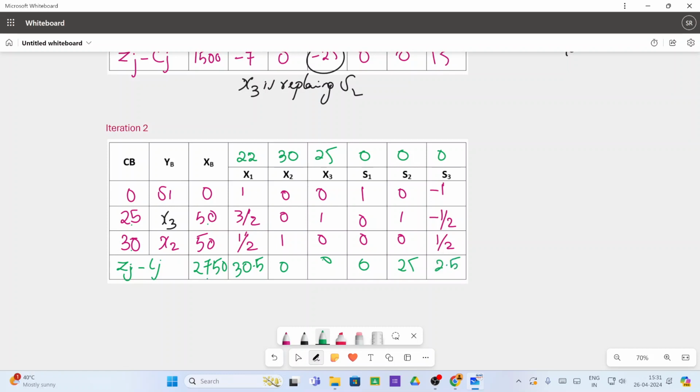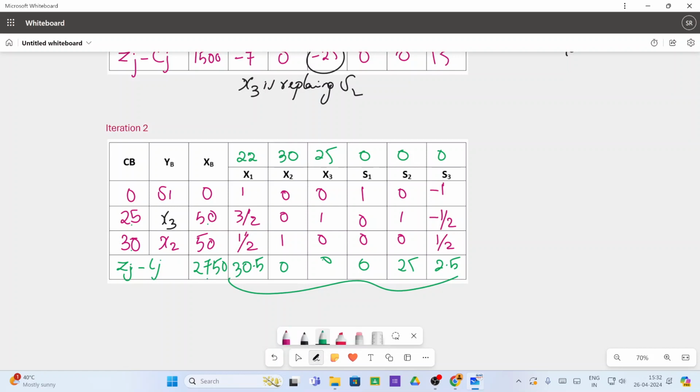Now in these values we couldn't see any negative values. When there are no negative values, we can see that the problem has reached the optimized level. If it has negative values, then it has not reached the optimum value, so you have to continue with the iteration. Here all the values are non-negative, so that means we have reached the optimum answer.